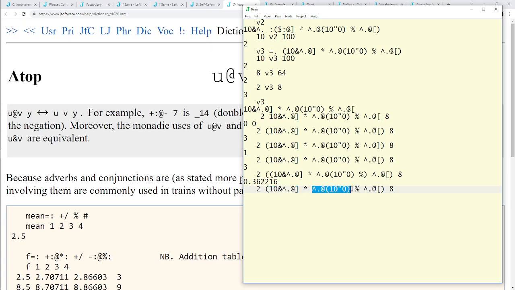This times this, it's this divided by this times this. What does this mean? 10 conjugated to 0. What does that mean? That doesn't mean anything.